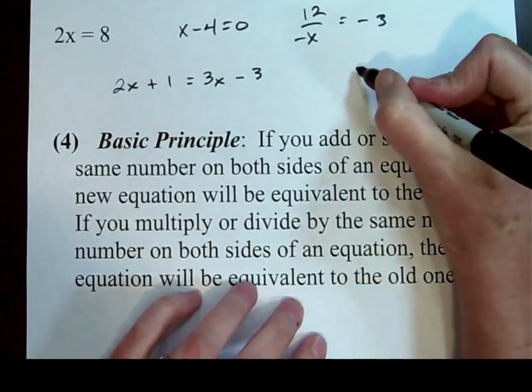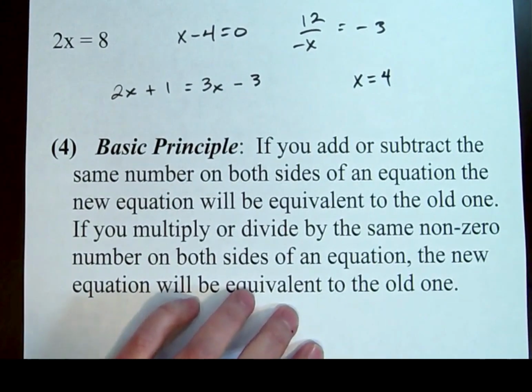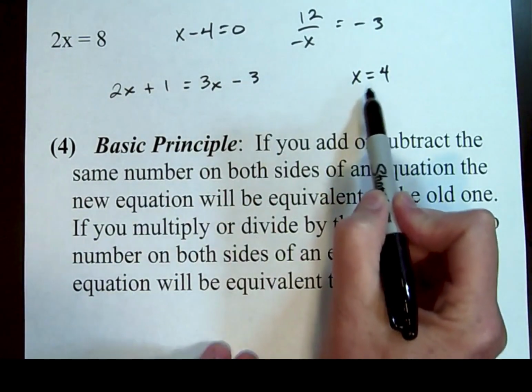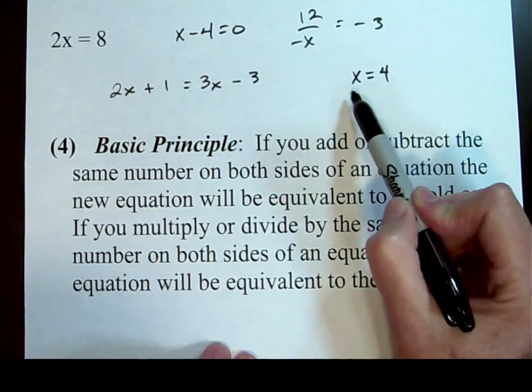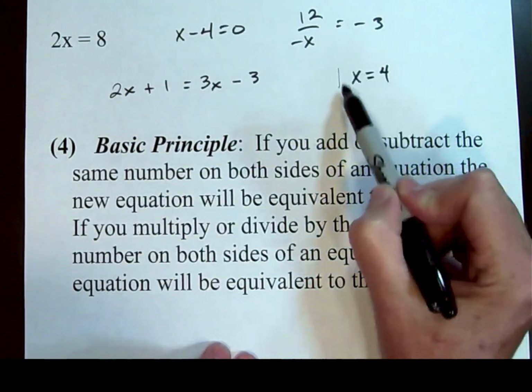And these are all equivalent to the very nice simple equation x equals 4. So notice the more complicated your equation is, the harder it is to see that that's the solution. And the easiest one up here to see that the solution's 4 is this one.